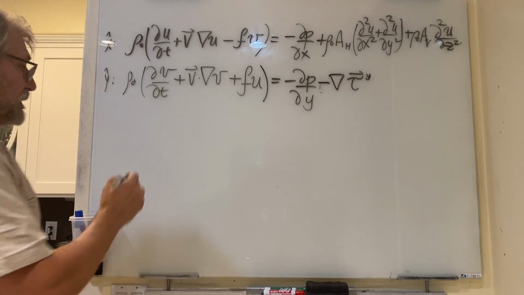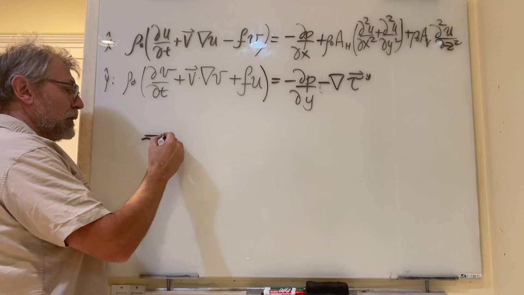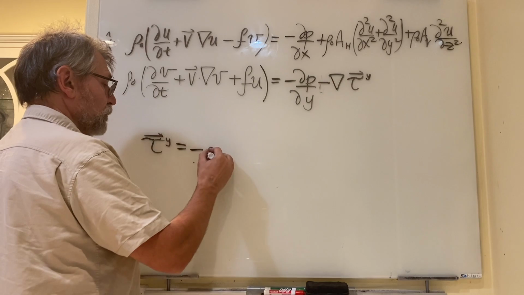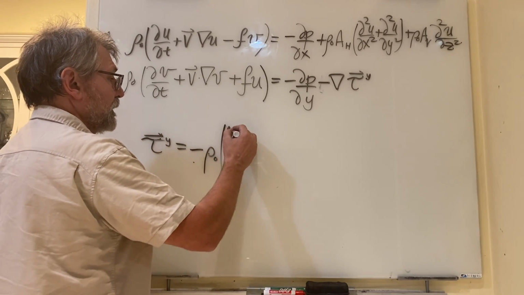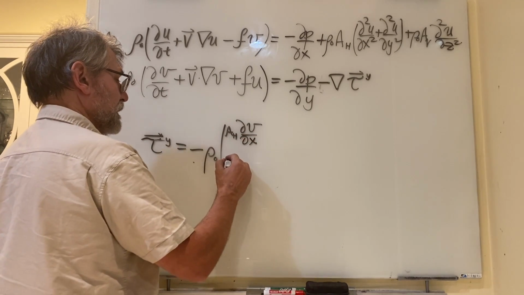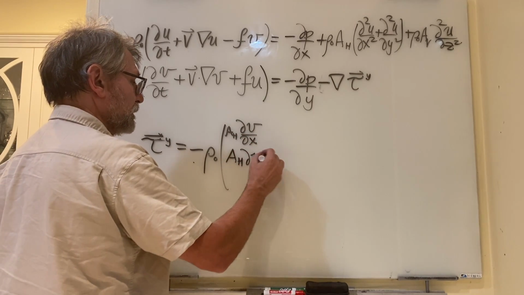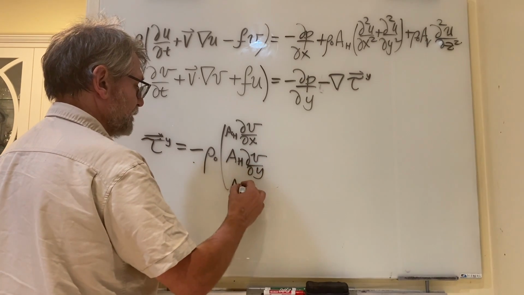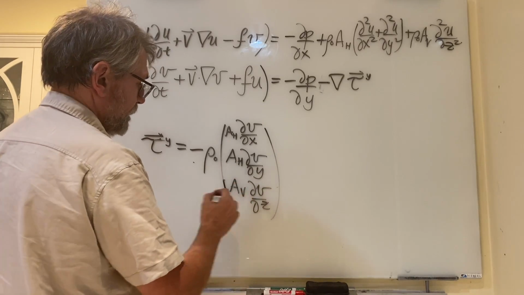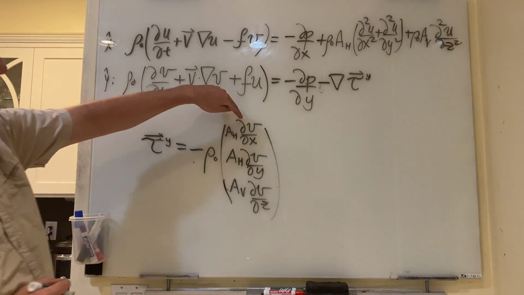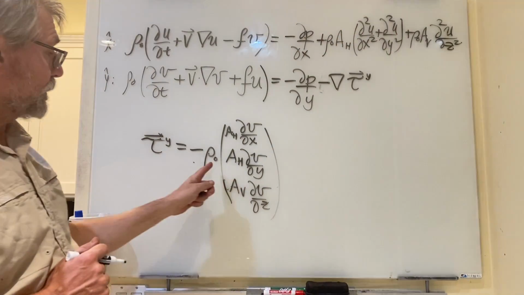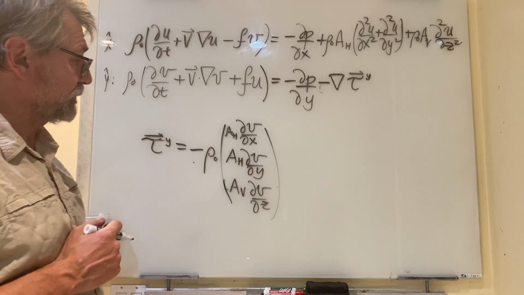So how am I going to parameterize that one? That's tau y, and that's going to be minus rho naught AH dv dx, AH dv dy, and AV dv dz. So same idea as before, except what used to be u for the x component of the stress now is v for the y component of the stress.